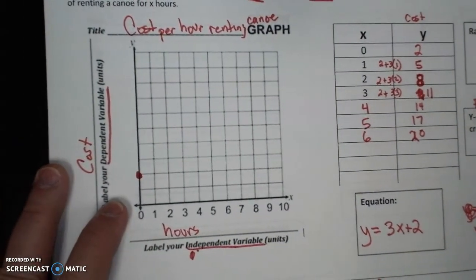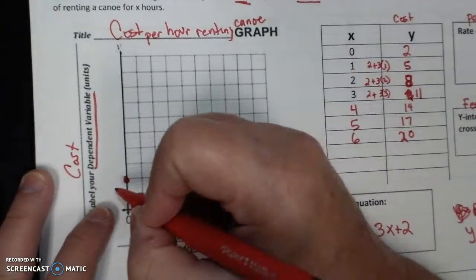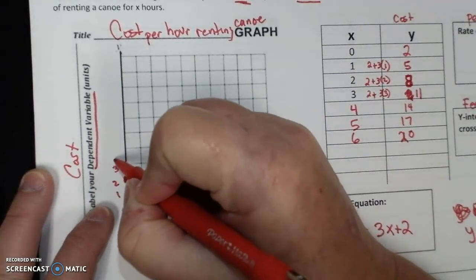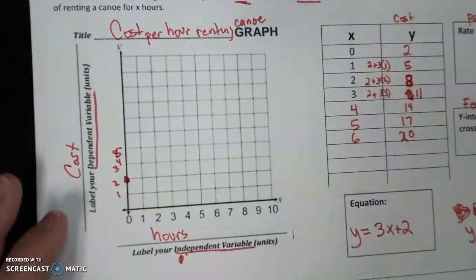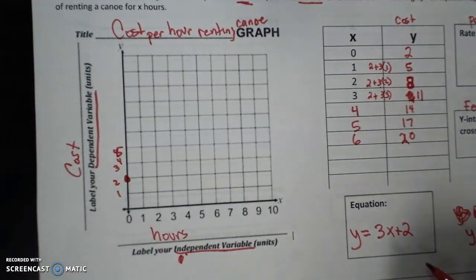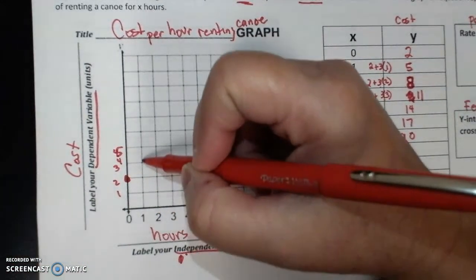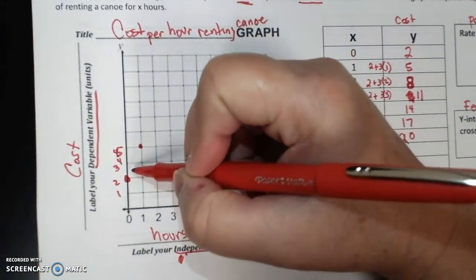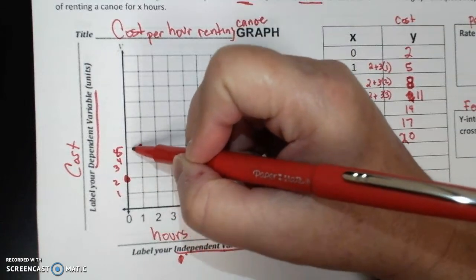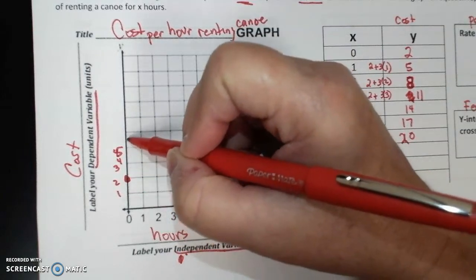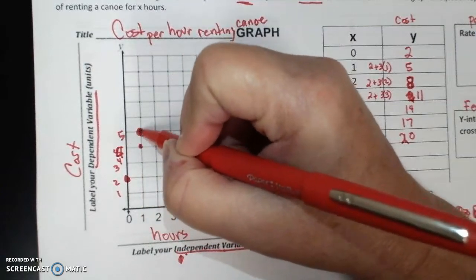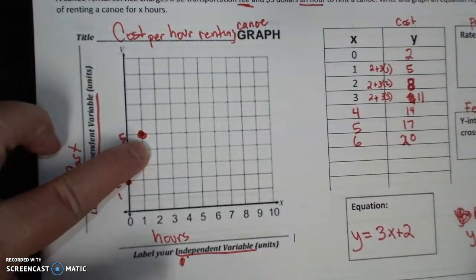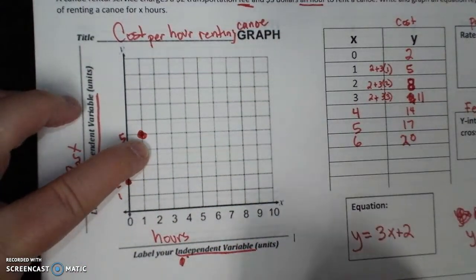So 0, 2. And then I'm scaling by 1, 2, 3, 4, 5. Then I'm going to go 1, 5. Oh yeah, that was 4, that was 5. Okay, that one shouldn't be there. And then 2, 8.